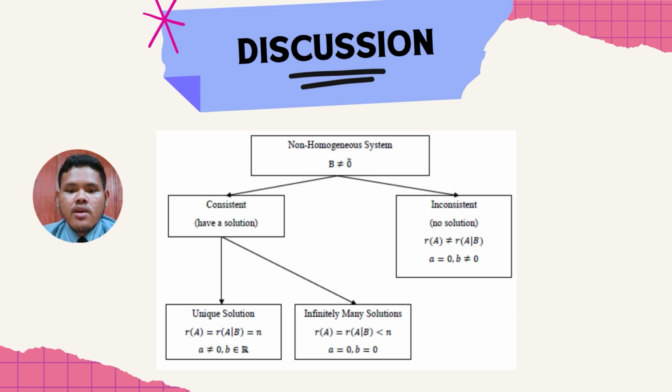The condition for inconsistent is when A equals 0 but B is not equal to 0. Then, for unique solution, the condition is when A is not equal to 0 and B is any real number. The last one has many solutions. The condition is when both A and B are equal to 0.